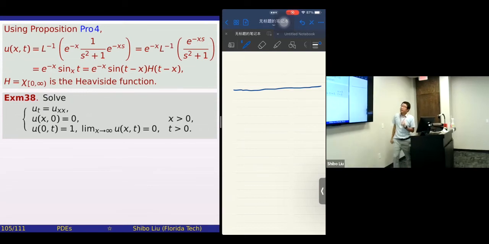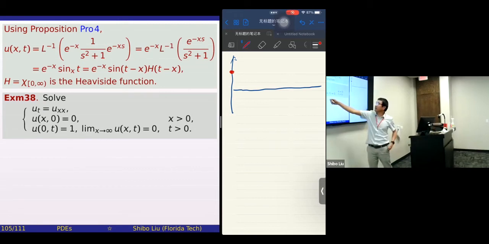Okay, then u of 0, t equal to 1 means that at the left endpoint your temperature is always 1. And the temperature at infinity is 0, because the limit is 0 at infinity. Initially, the boundary condition and the initial condition are not compatible in this example.